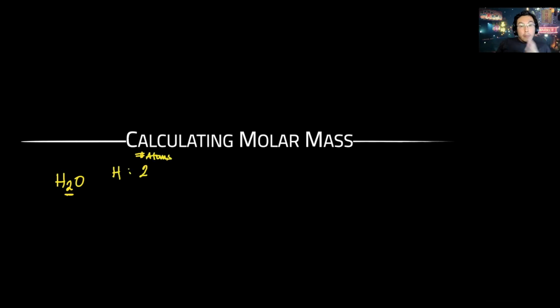And the molar mass of hydrogen, according to the periodic table, already rounded, would be 1, right? For oxygen, in this case, there's no subscript. That means there's only 1, right? So we have number of atoms, 1, and the molar mass for this one is 16. Remember, we rounded up.